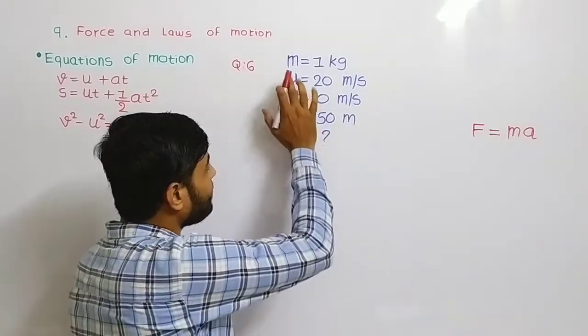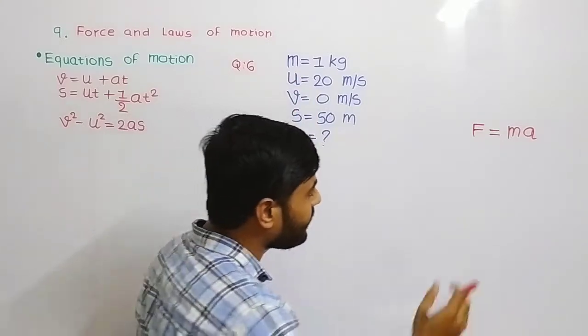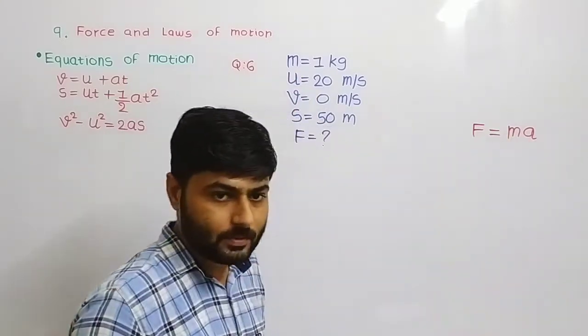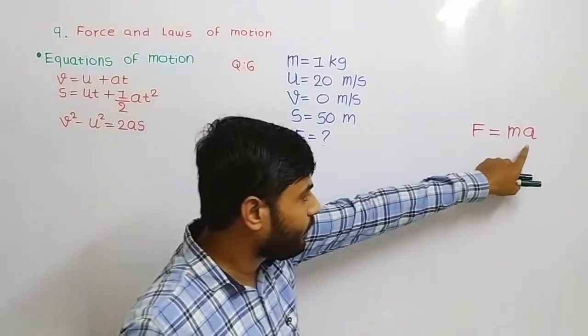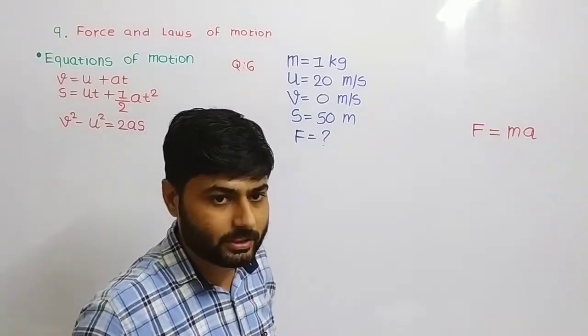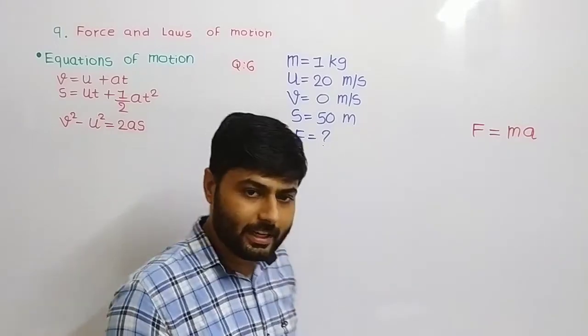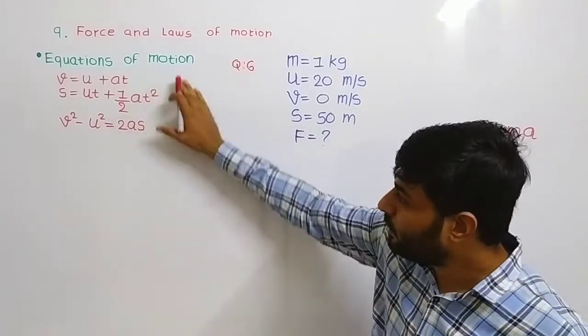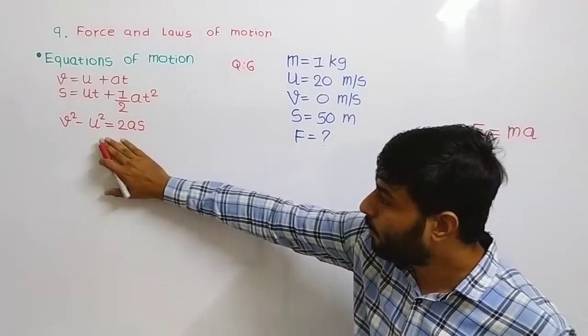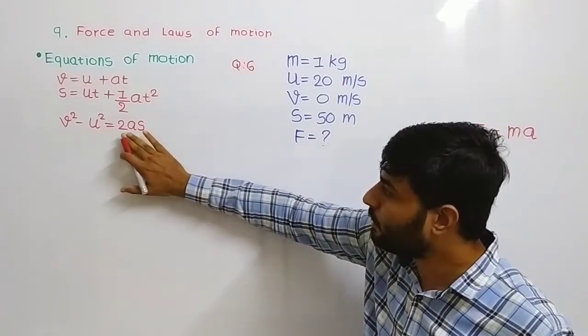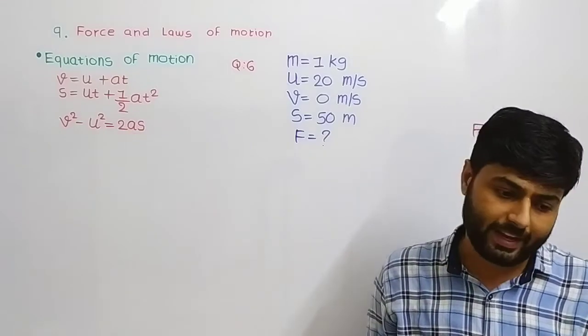Have I mass? Yes, I have mass. Acceleration? No, we don't have the value of acceleration. So first of all, I have to find acceleration. For acceleration, I have to use one of these formulas. So I choose the formula v square minus u square is equal to 2as.